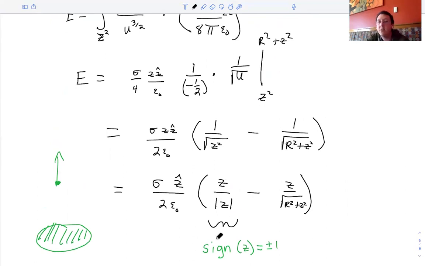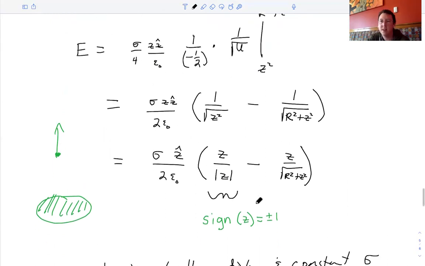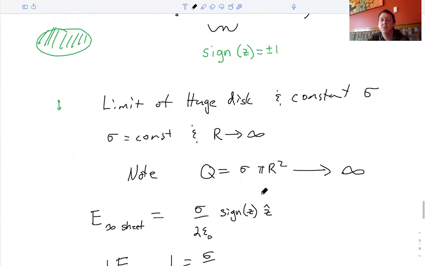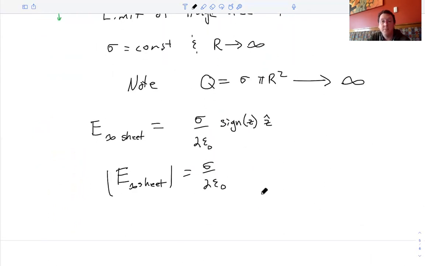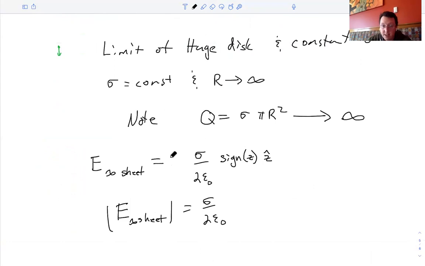How did I know that I was right? Well, because I could see what was going to vanish, and I knew that front term was spot on because I know the answer for the infinite sheet. So it's useful.